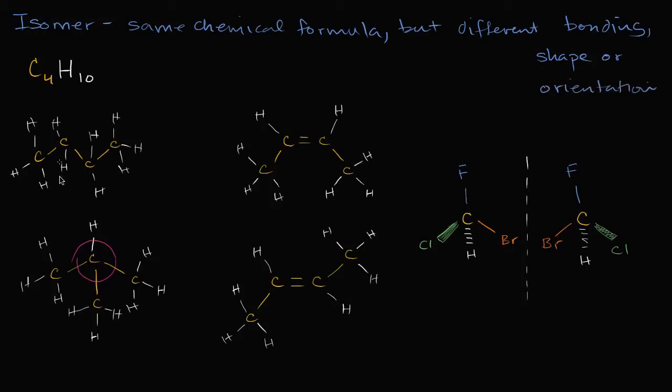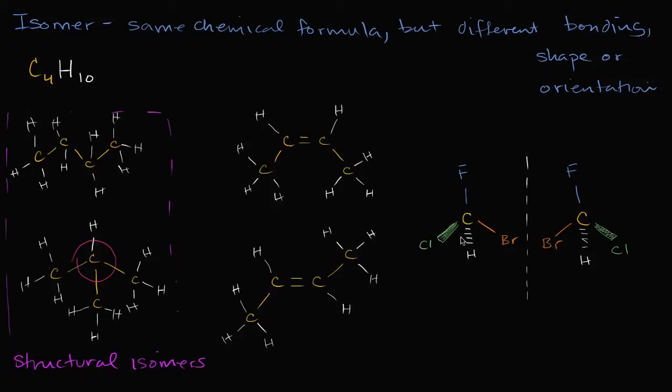So over here you have just different bonding, and this type of isomer is called a structural isomer. So these are structural isomers. Same constituent atoms, but different bonding. That's structural isomers right over there.